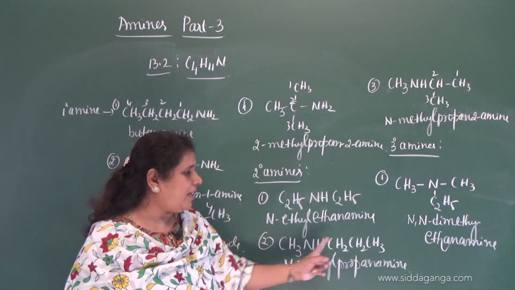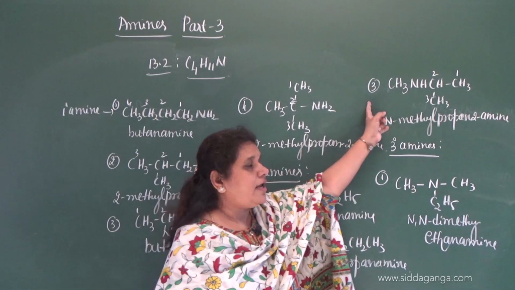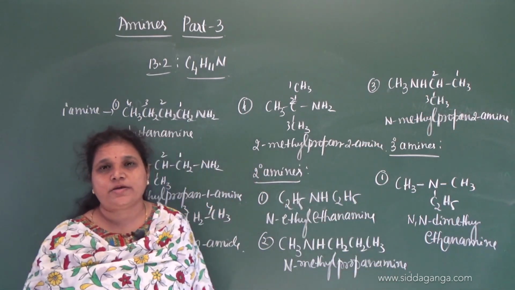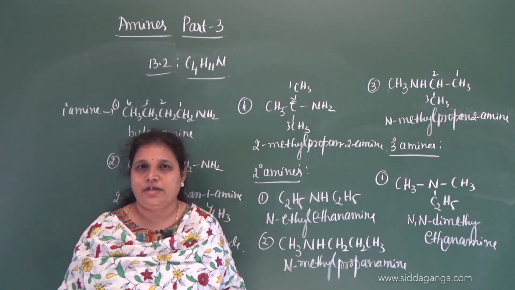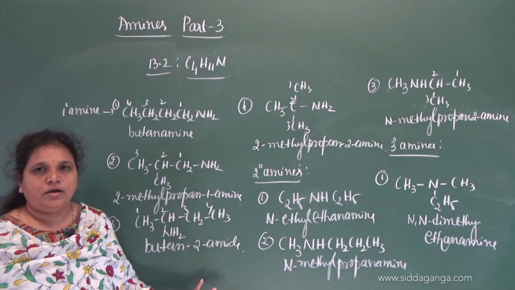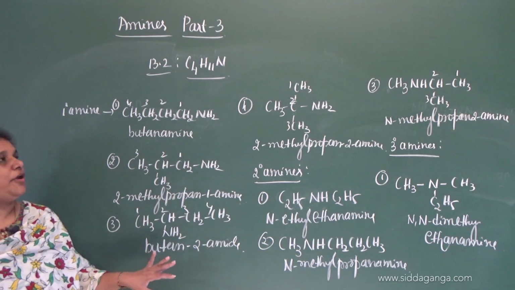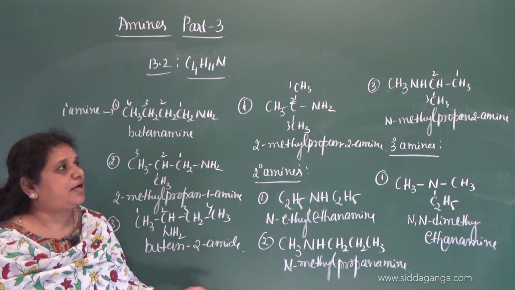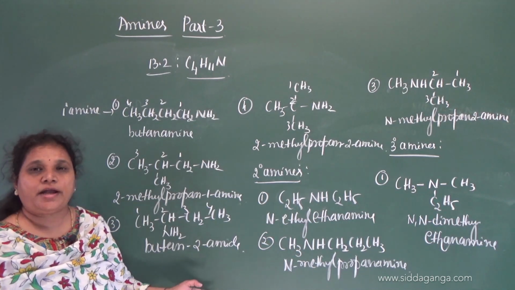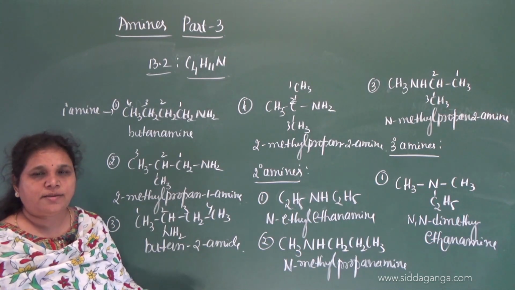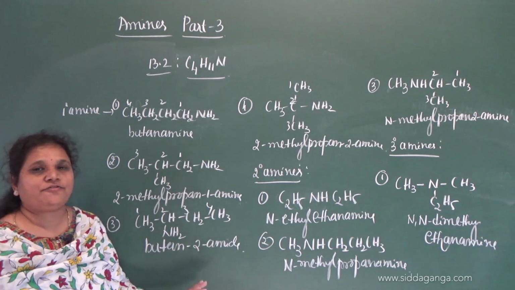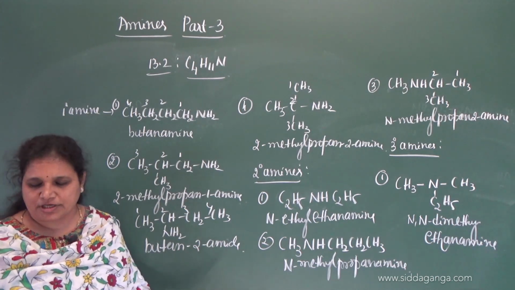Diethylamine, methyl N-propylamine, and methyl isopropylamine exhibit metamerism. Clear? So this is the first question in 13.2, where we need to write the possible isomers, the IUPAC names, and the nature of the isomers.